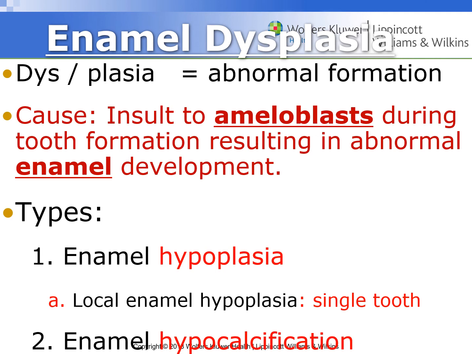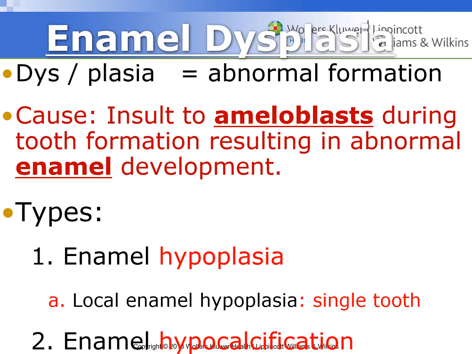So that may be local hypoplasia. Hypo is less than normal and plasia is growth. So in this case, there was less than normal growth of the enamel. It can happen on a single tooth, or you can just have enamel hypoplasia, which happens on multiple teeth.